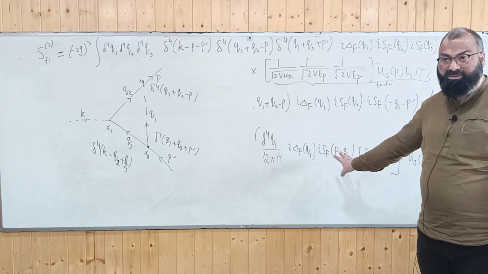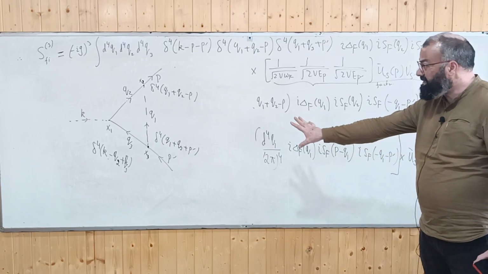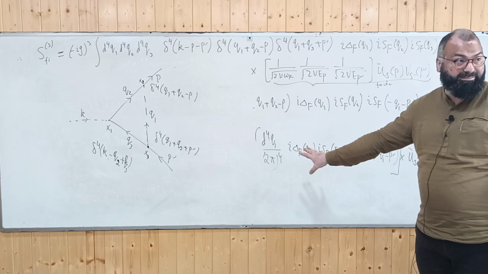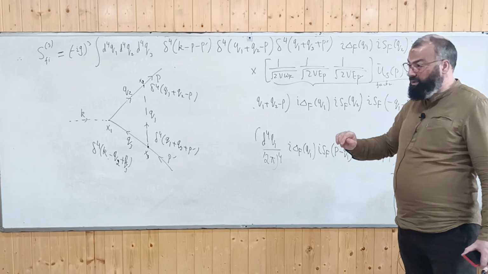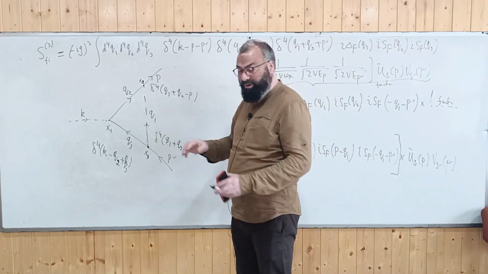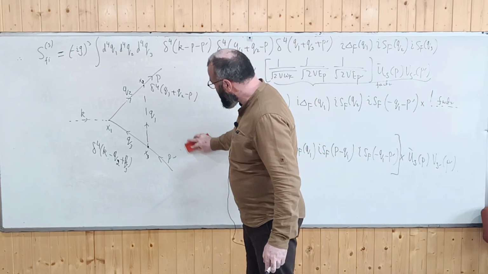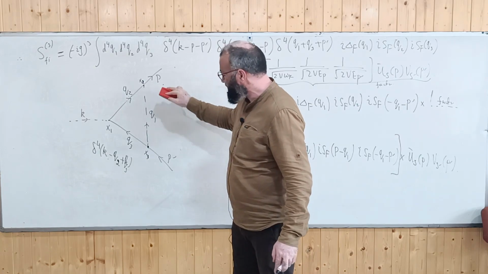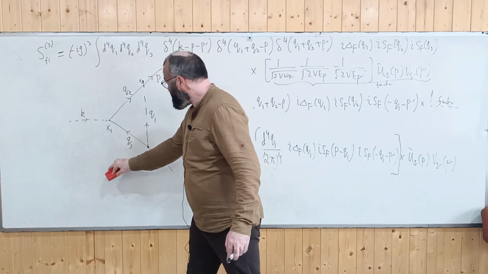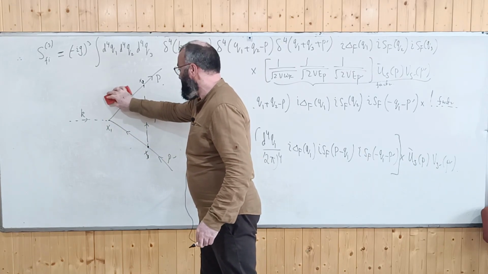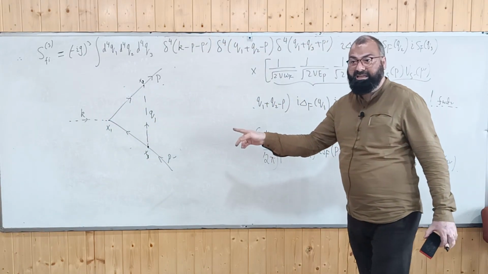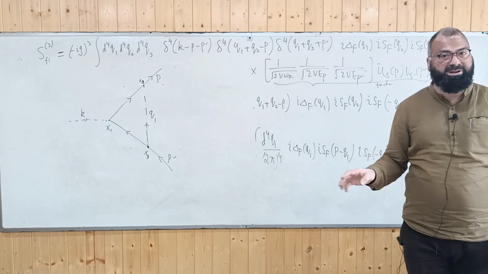Q2 and Q3 are removed from this matrix element. Clear? What remains there? There remains only Q1. And because of the conservation in the process, you have to adjust the momentum of the internal lines now. We will see in a moment when we discuss the Feynman rules.